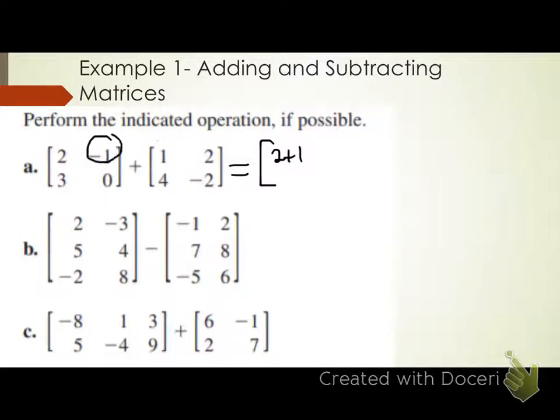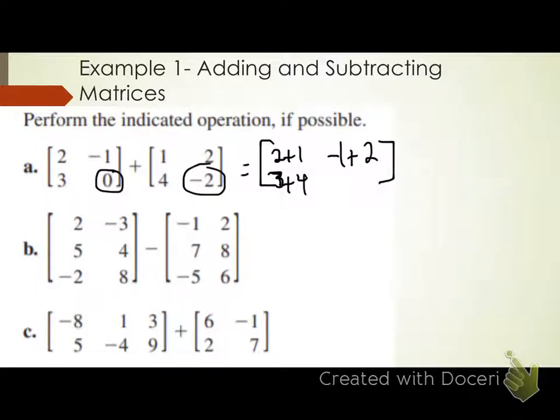My negative 1 and this 2 correspond with each other. So in this corresponding spot, I'm going to have negative 1 plus 2. Three and 4 correspond, so I'm going to do 3 plus 4 right there. And then 0 and negative 2 correspond, so I'm going to do 0 plus negative 2.